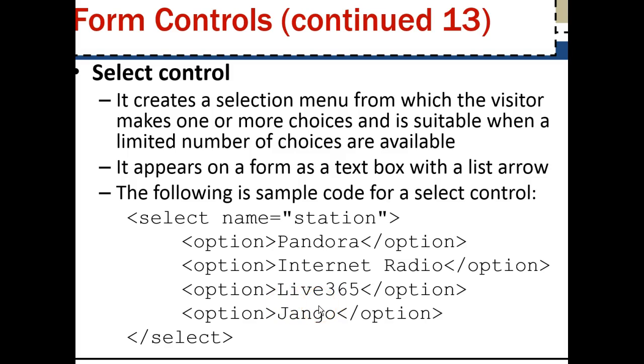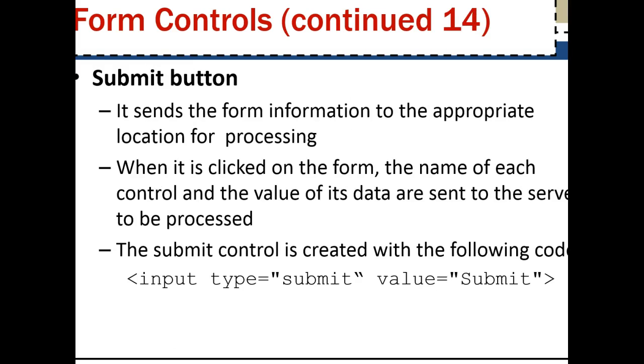The submit control and the reset control create the submit and reset buttons. The submit button sends the form information to the appropriate location for processing. When a web page visitor taps or clicks the submit button, the name of each control and the value of its data are sent to a server to be processed.